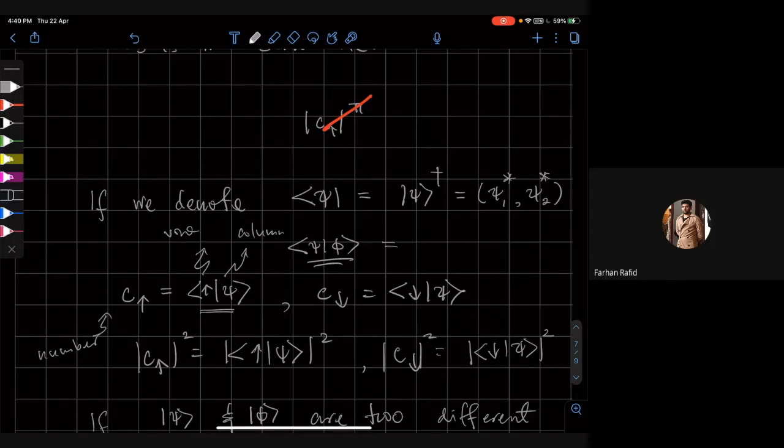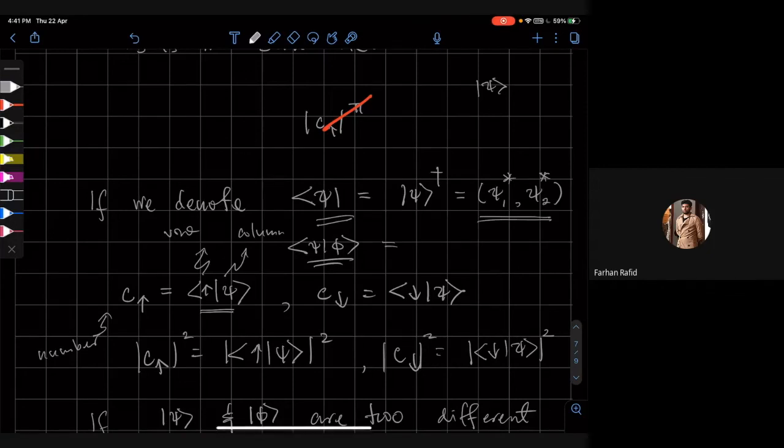And about the row vector, how does that work in this situation? If I give you a column vector, say ket psi, then you find the Hermitian conjugate of that by doing this.